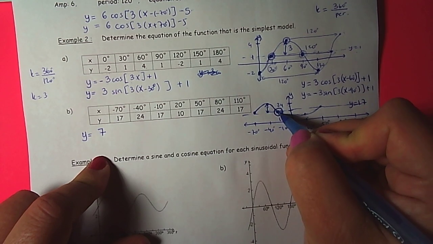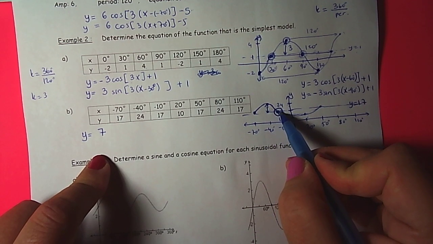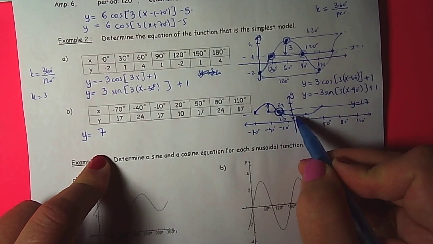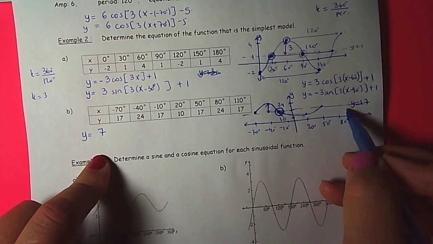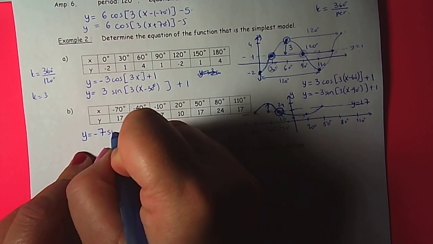So if that is your start point, that's a 0. So you know that you are going to have a sine function then, and then check the next point on the right. The next point on the right is minimum. Okay, so the pattern is 0, min, 0, max, 0, that will give you a negative sine function. So negative sine.